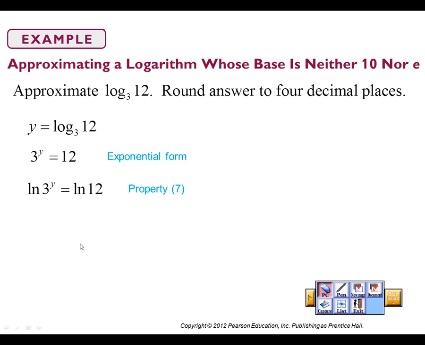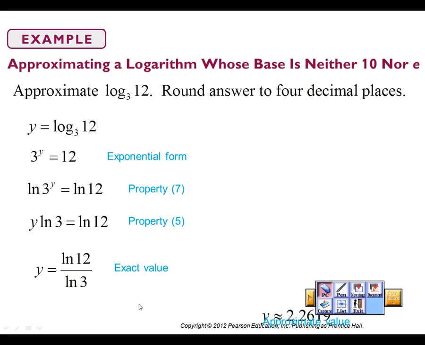So what we do is apply the natural log to both sides. When we do that, this y can move out front, and now we divide natural log 12 over natural log 3, and from here we can go ahead and use the change of base formula.